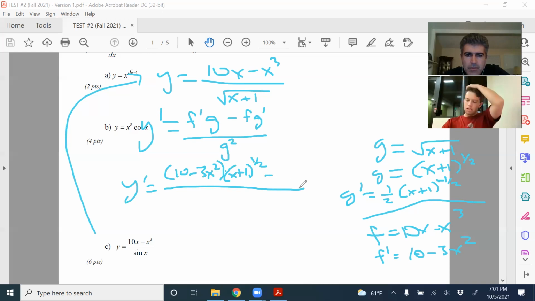Plus, so f prime of g plus... No, minus. Oh, it's minus. Okay. F, which is 10x minus x cubed, times g prime, which is all that junk.